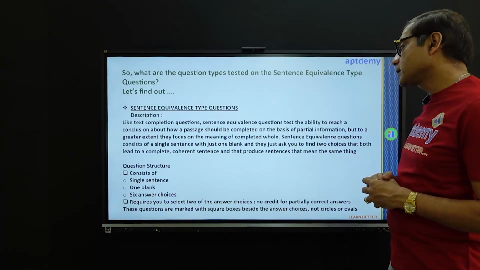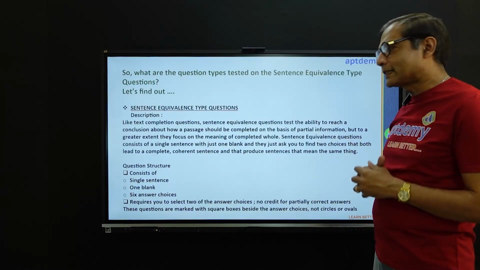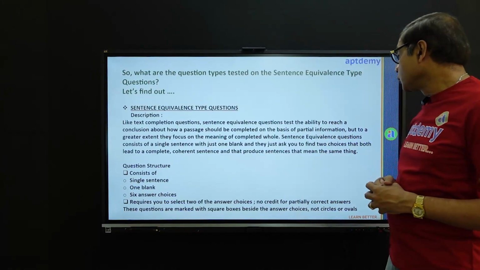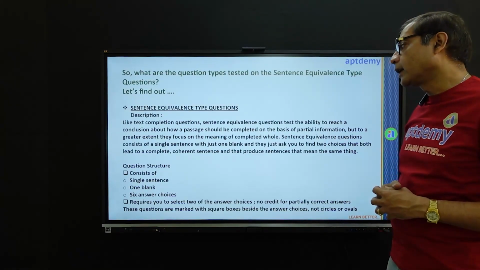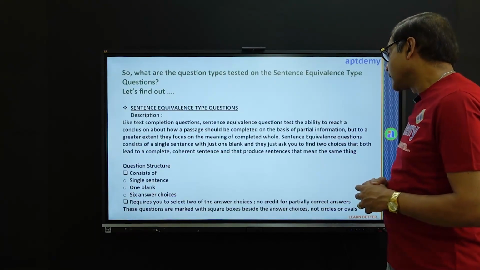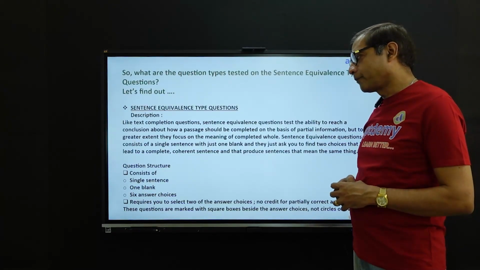Sentence equivalence questions consist of a single sentence with just one blank, and they ask you to find 2 choices that both lead to a complete, coherent sentence and that produce sentences that mean the same thing.